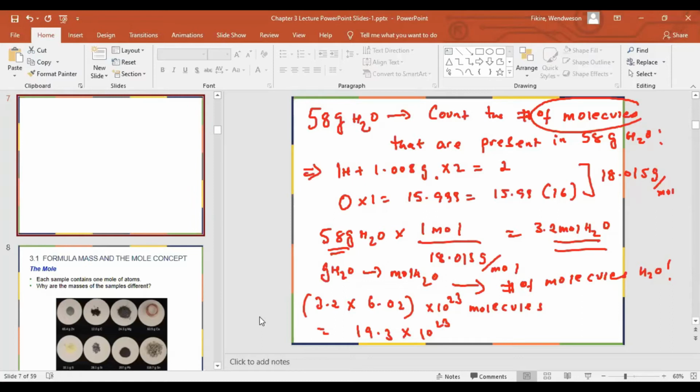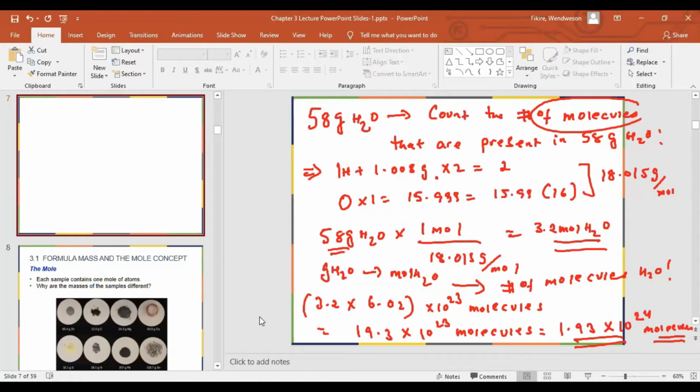And to simplify that, we did 1.93 times 10 to the 24th. You stated you can either increase that power or decrease the power only by 1. Right. Very good, excellent.